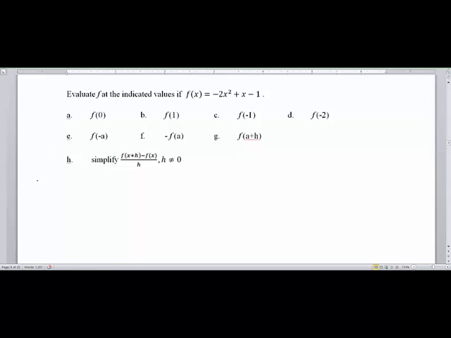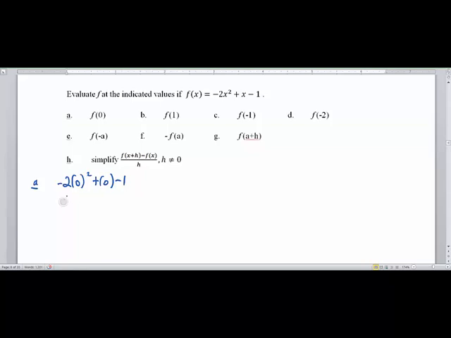So we're going to start off with part A, which is the function at 0. What I'm going to do is plug 0 in for each instance of x. So I have -2. I will use parentheses for each instance of substitution. That way I get to see how the exponents work and can perform order of operations correctly, because we would take care of what's inside the parentheses first, then the exponents.